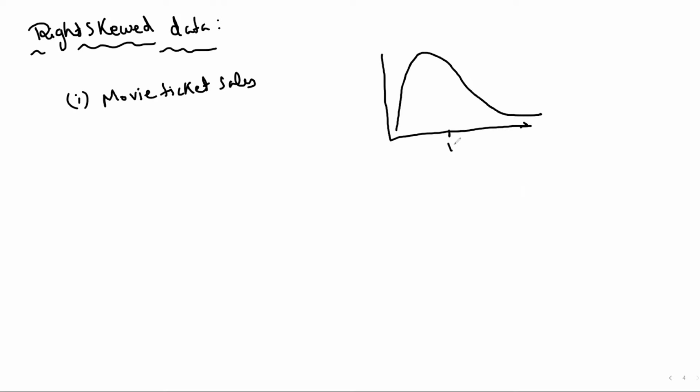Let's say 1 million earnings, 2 million earnings, this is 10 million earnings, this is 50K and something like that, right? So most of the earnings will be in this range. Only a few blockbusters will come in this range.